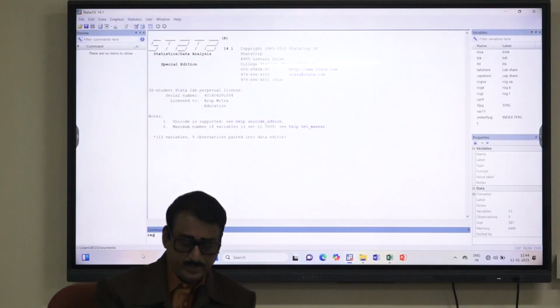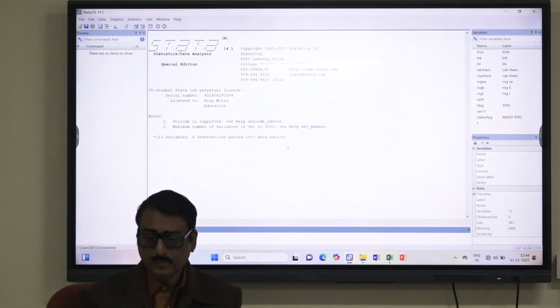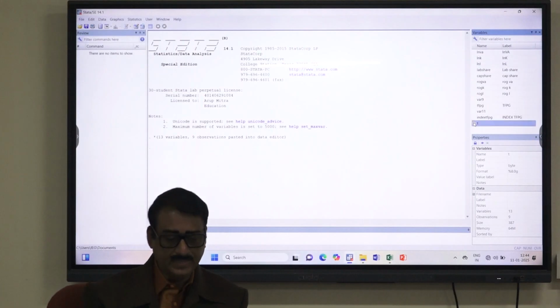What I will do, regress log of value added, log of capital, log of labor, and T.